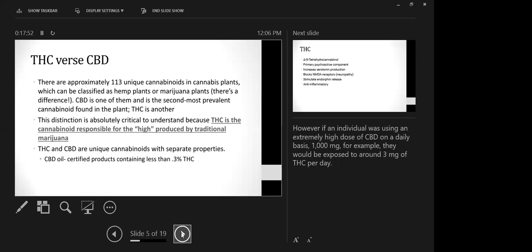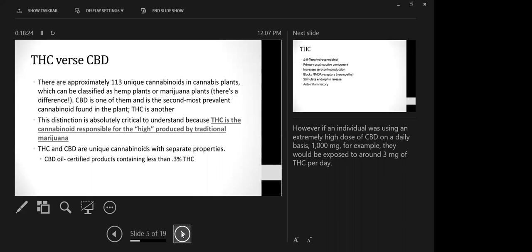So the big distinction, and this is what's really important to take away from this, is that THC, not CBD, is the one that is responsible for the traditional high. So when you see someone after they smoke a marijuana joint and they're in a euphoric type state, it's the THC portion of that that is causing that, not the CBD.